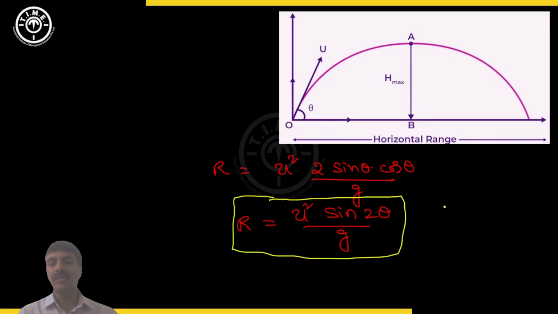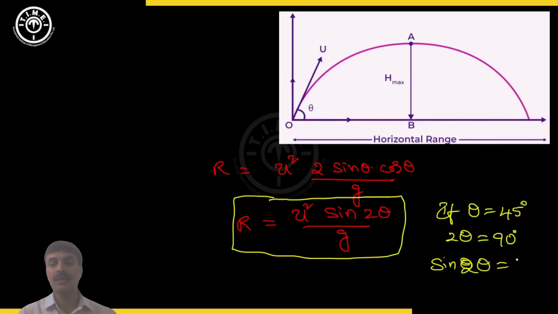What if theta is equal to 45 degree? If theta is 45, 2 theta would become 90. Then sin 2 theta is 1, sin 90 is 1. That means this sin 2 theta part takes up its maximum value. In that case, the range becomes maximum.